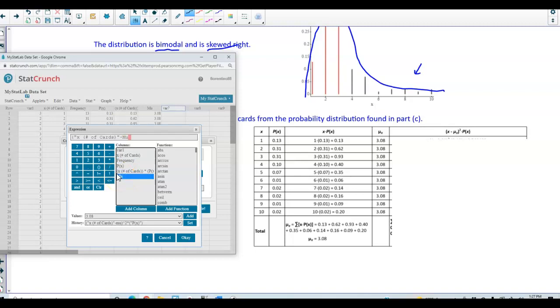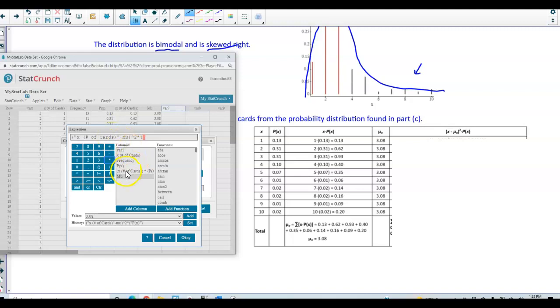And then we're going to put the right parenthesis, and then if you notice, we need to square that. So we're going to use the up arrow key, and then use the 2 because we're going to square that once it computes that number. Then we're going to multiply it by the probability. So we're going to take multiplication, and then multiply by the column that represents the probability.